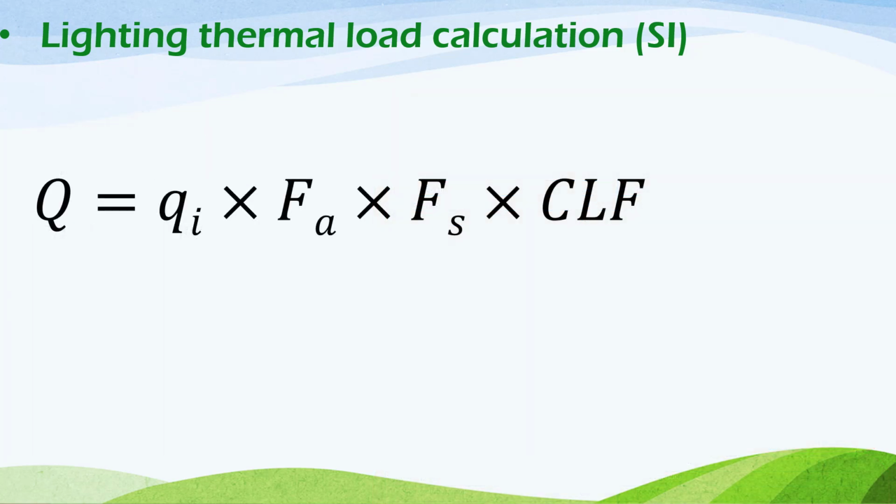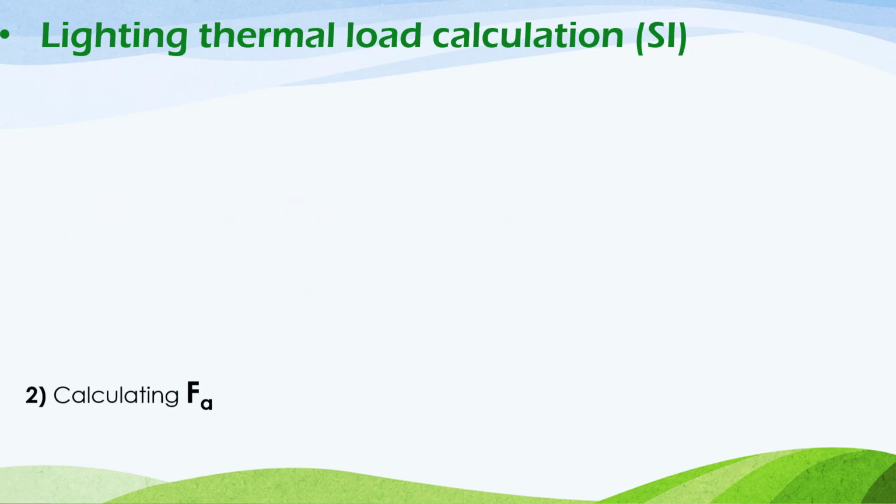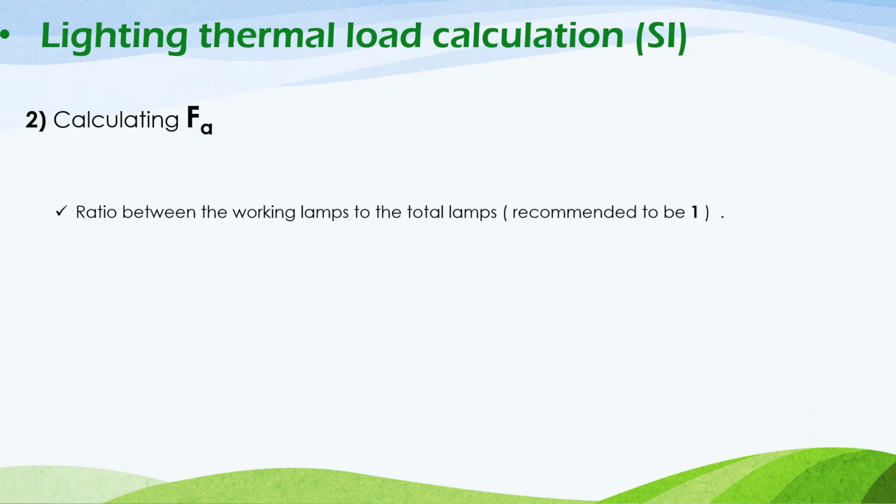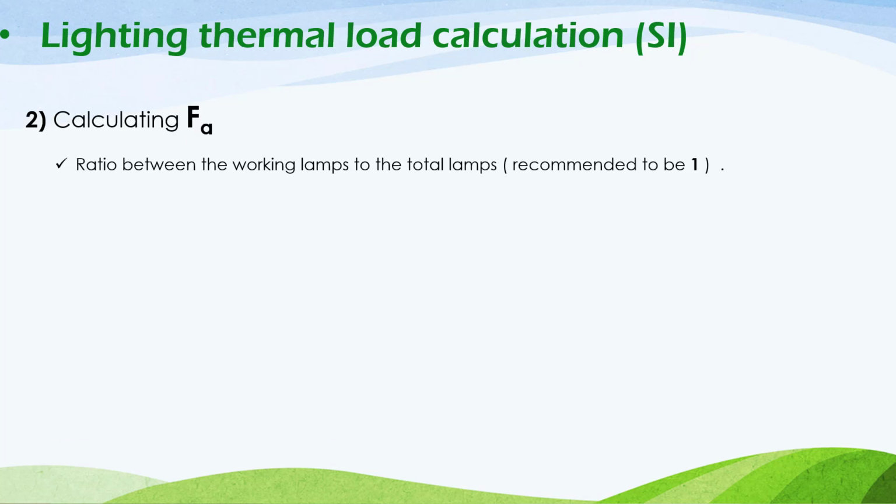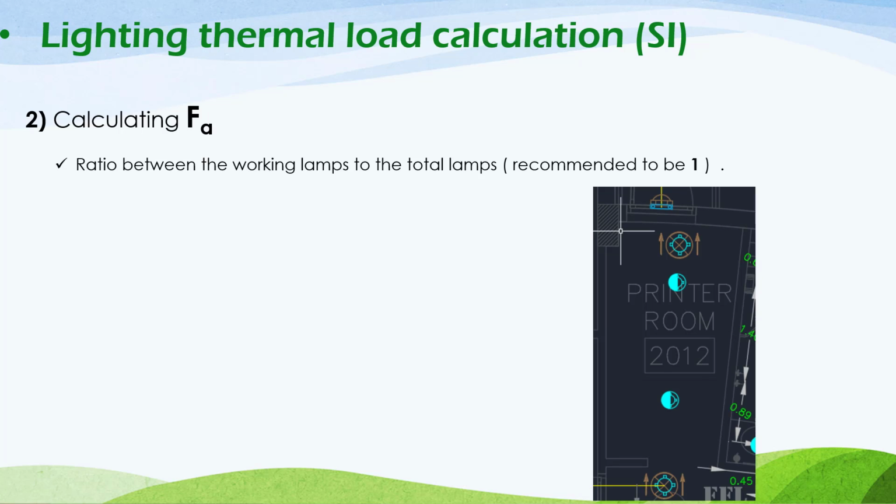Now the second factor we need to calculate is F sub A, the fraction of in-use power, and this factor refers to the number of working lamps relative to the total number of lamps. For example, the nature of the office we are working on recommends that only 2 of the 3 luminaires be energized at the same time, so not all of the lamps will be working at the same time.